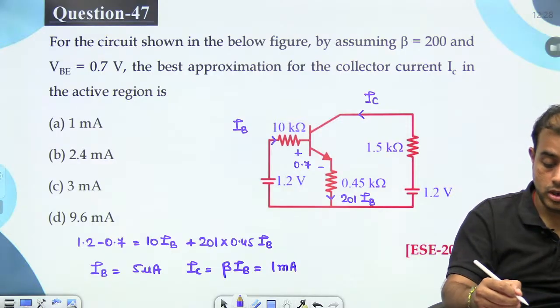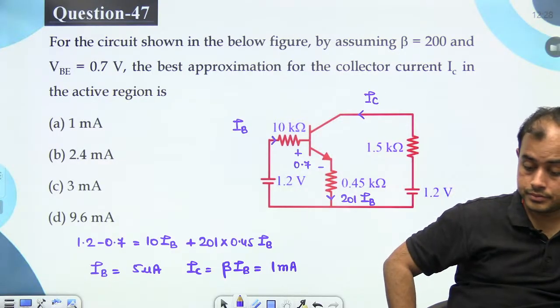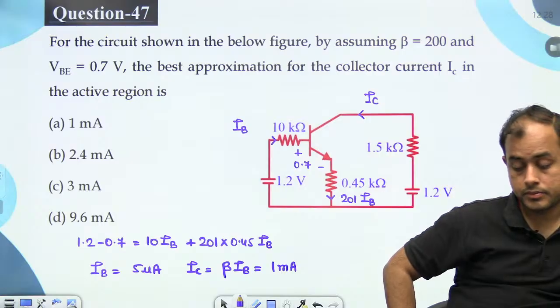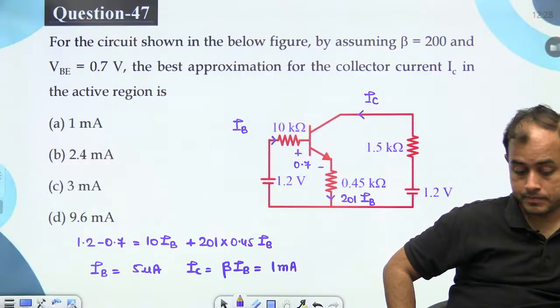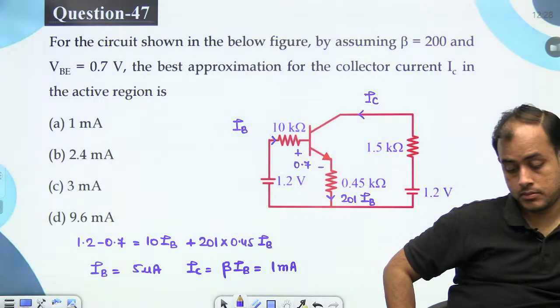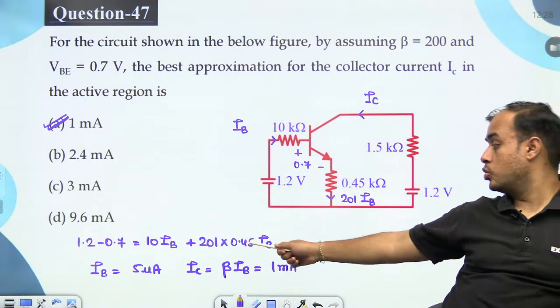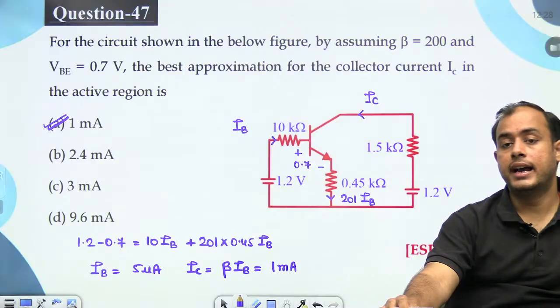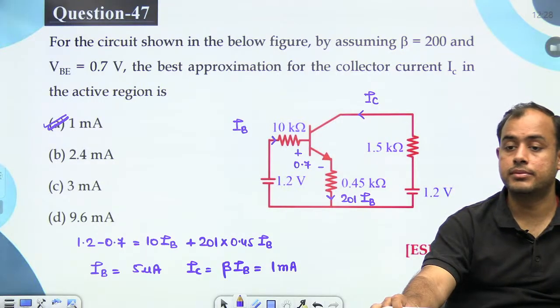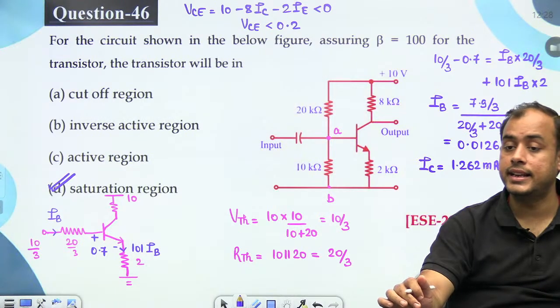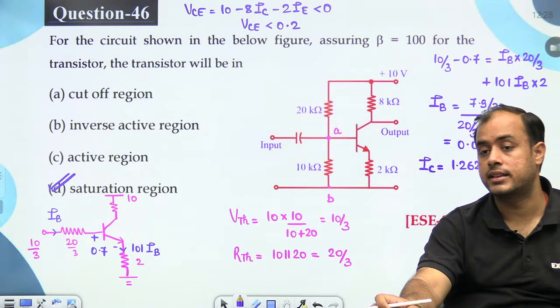Maine beta, bas yahan pe approximation kya kiya, that 201 ko maine 200 le liya. I consider 201 as 200. Capacitance: because we are doing DC analysis, in DC the capacitance will be an open circuit.